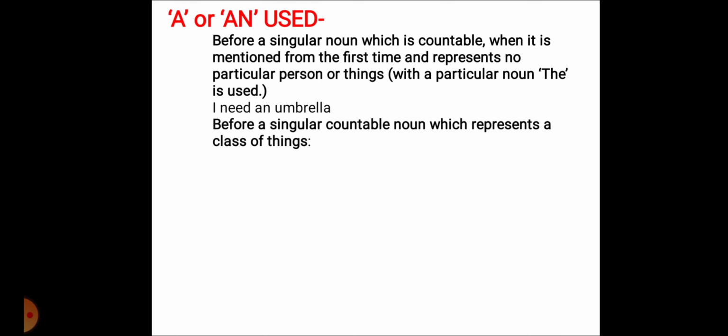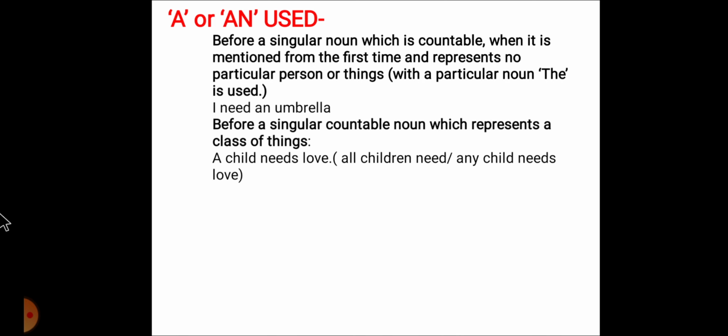Next, before a singular countable noun which represents a class of things. For example, a child needs love. All children, or any child, need love. So a child represents a group of kids. That's why we use a before a noun like child.